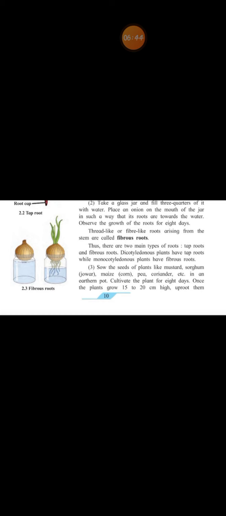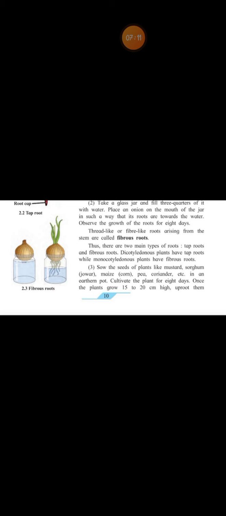Thus, there are two main types of roots. Which are they, children? Taproots and fibrous roots. Fine? Dicotyledonous plants have taproots, while monocotyledonous plants have fibrous roots. Dicotyledonous plants. Di means two, cotyledons means seeds.